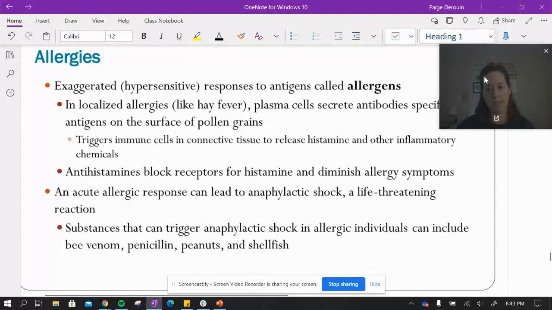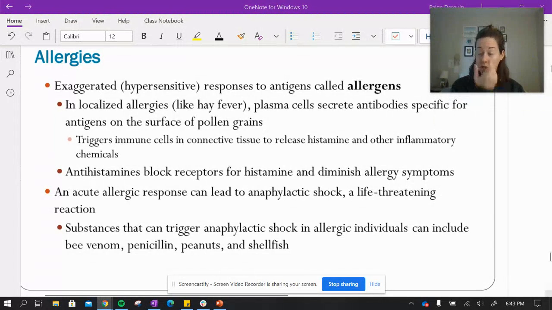All right. An example of your immune system just doing too much is allergies. What happens is your immune system has an immune response to things that are not pathogens. We call those allergens. There are different versions, so you can have just a localized allergy, which would be like seasonal allergies.